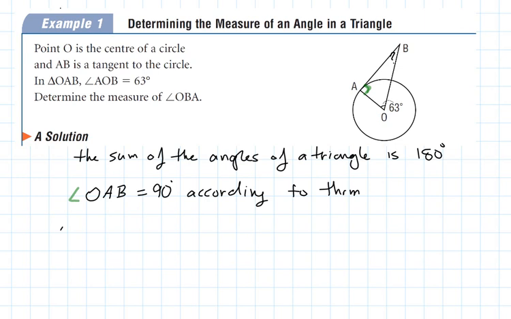Therefore, angle: 90 plus 63, that's given to us in the question, plus the angle we're looking for, AOB, equals 180.